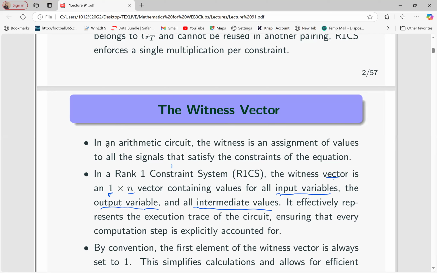Remember, I said that where there are several multiplications, we'll be ensuring that we only have one multiplication.